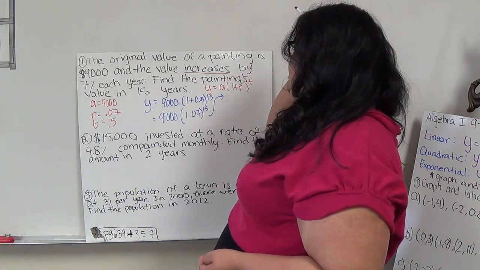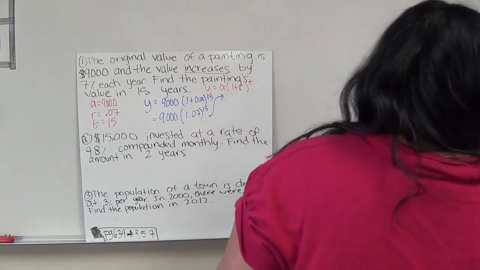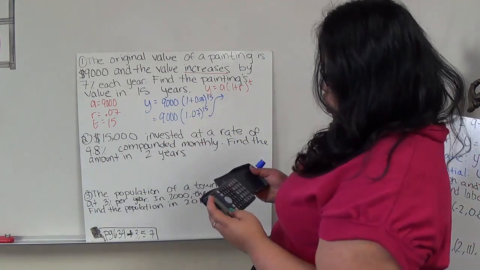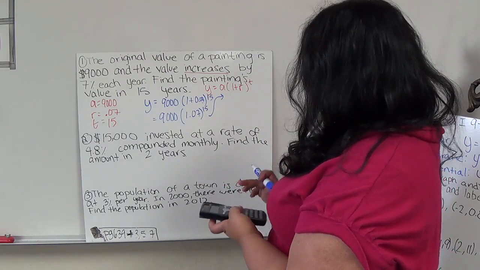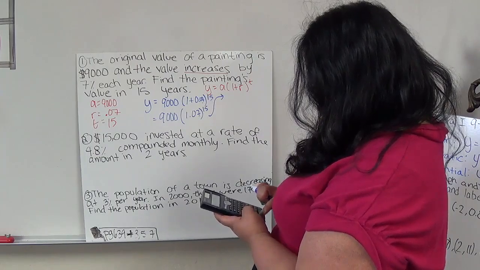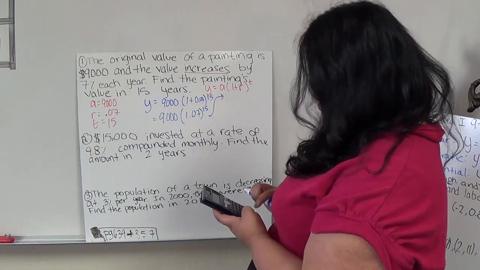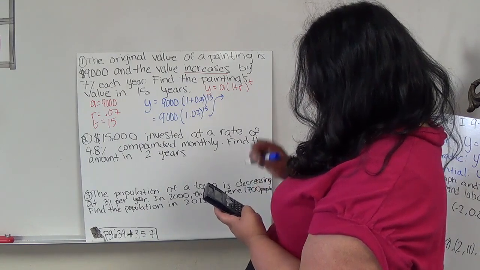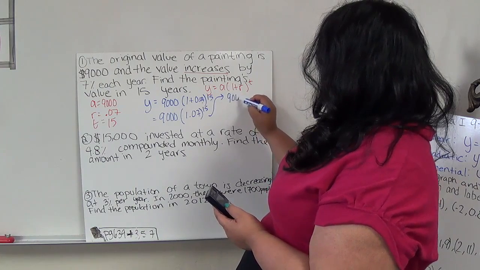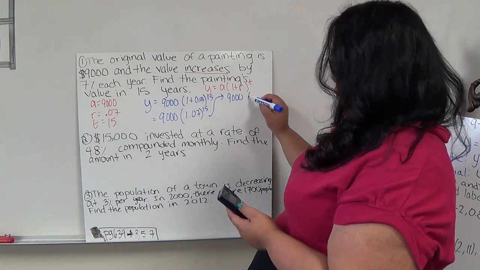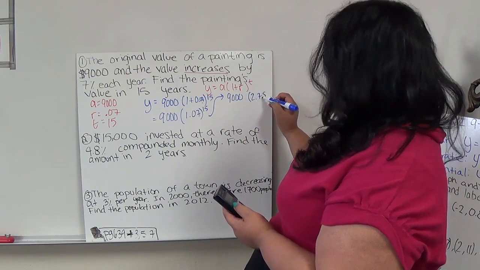To the power of 15. This is one of those things where it's going to be tempting to first multiply these, but no, the powers say we have to do that first. So we're going to do 1.07 to the power of 15. So I end up with 9,000, because I have to carry that 9,000, times this to the power of 15, which is 2.759.